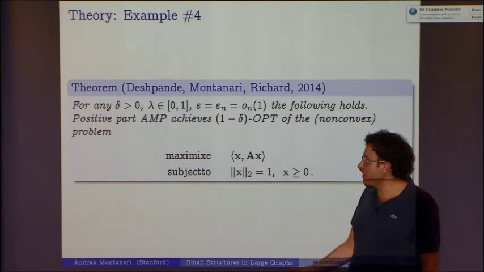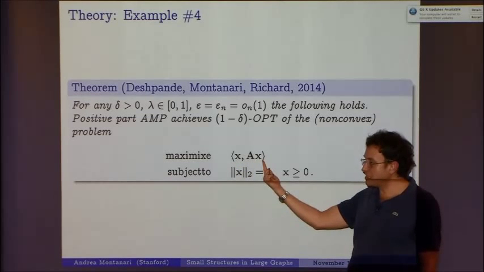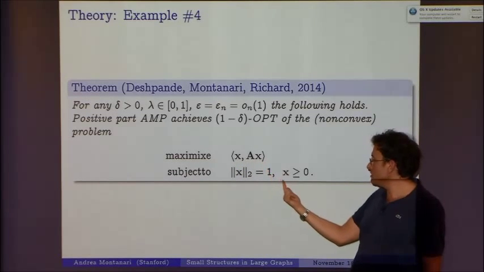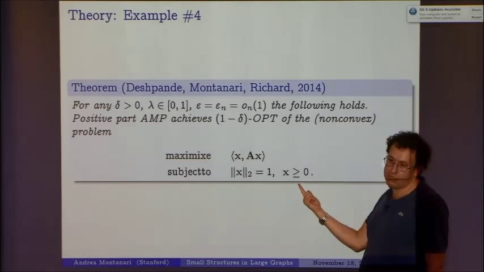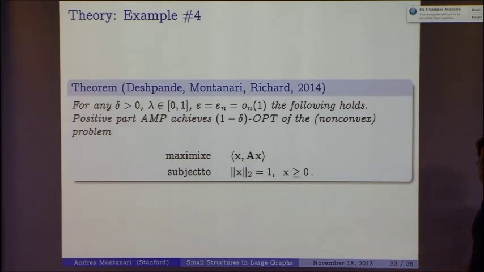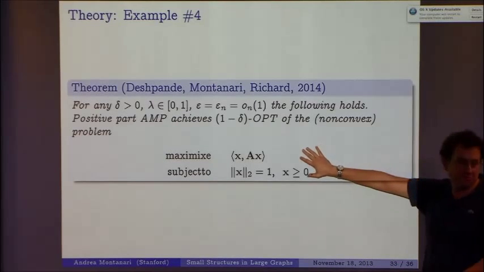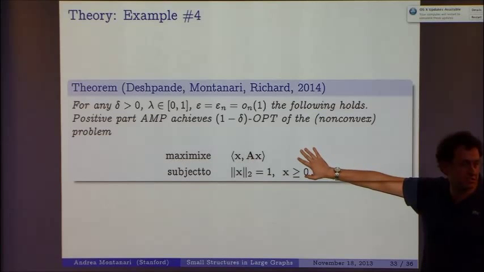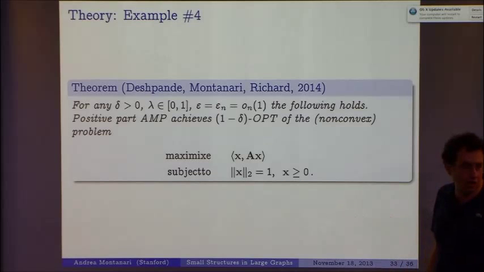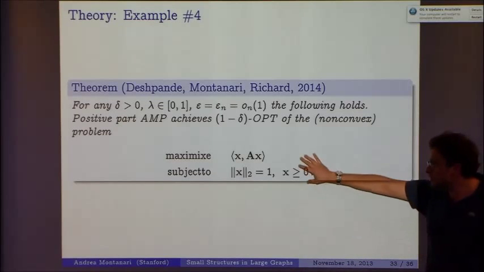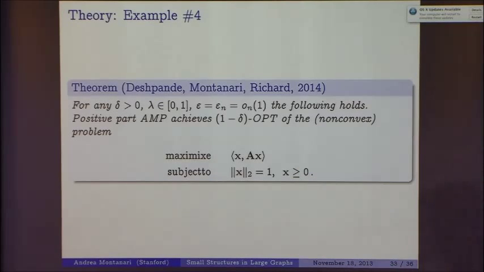If you know that your eigenvectors are non-negative, you might want to maximize the Rayleigh ratio subject to the eigenvector being non-negative. This is a beautiful, interesting problem. Of course, it's non-convex, so it's difficult. We can prove that within this model, this algorithm actually solves this non-convex problem with high probability.